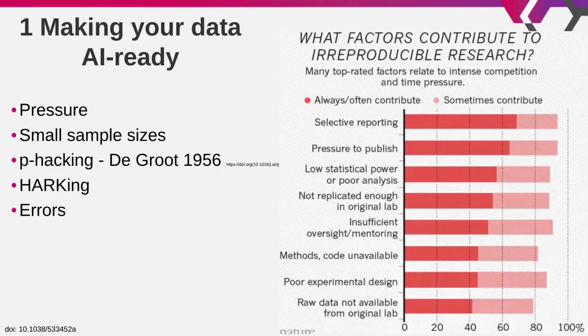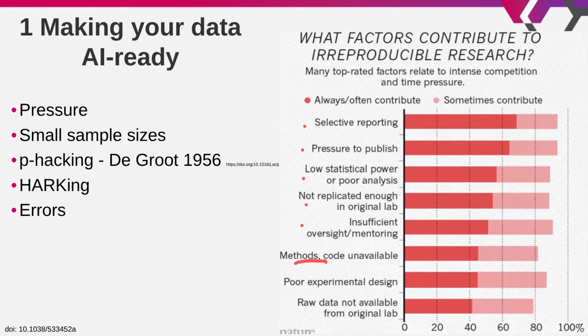So why does making your data AI ready matter? Because there are substantial issues over irreproducible research. There's selective reporting, pressure to publish, poor statistical power or poor analysis, lack of replication within a lab, and insufficient checking by people with more experience.